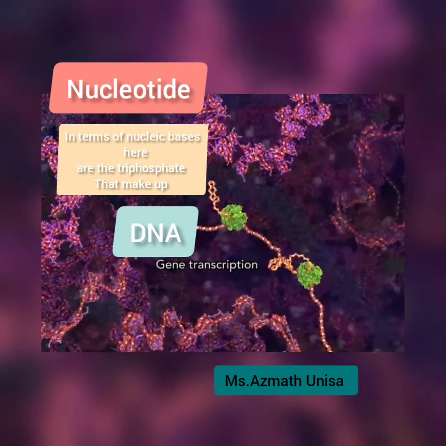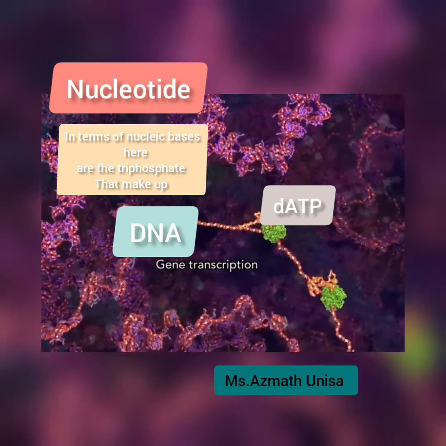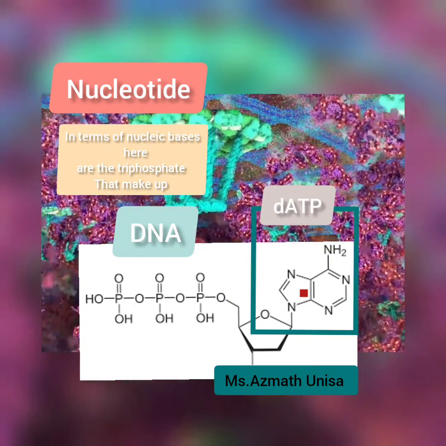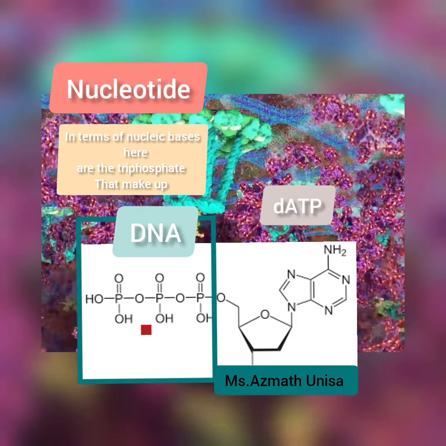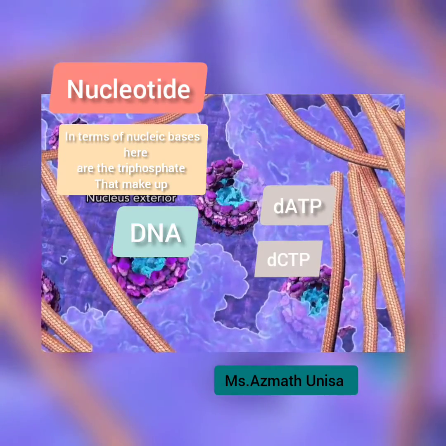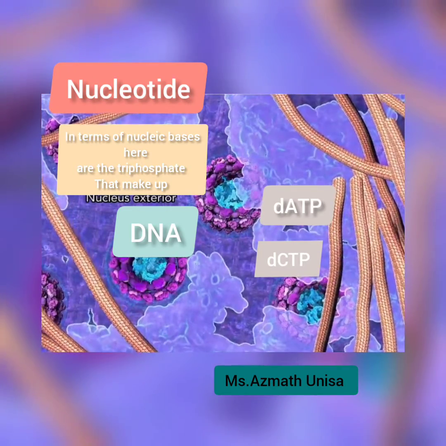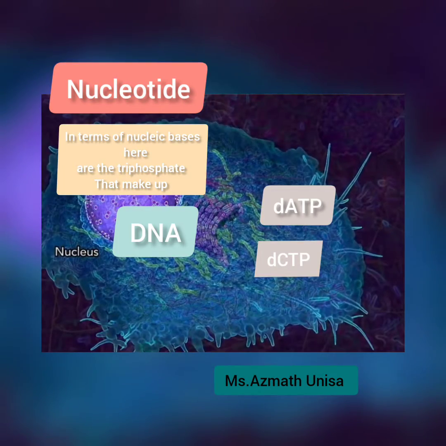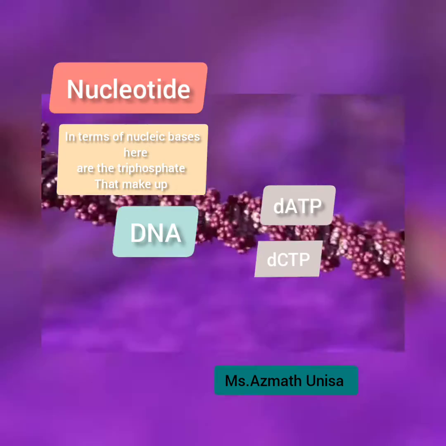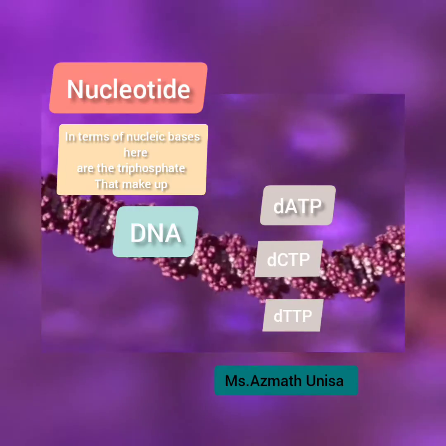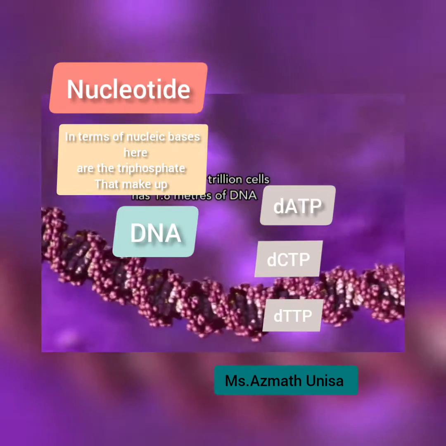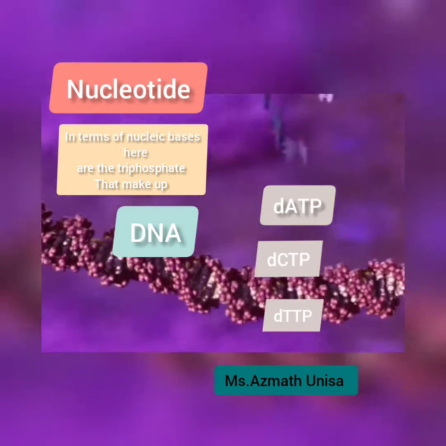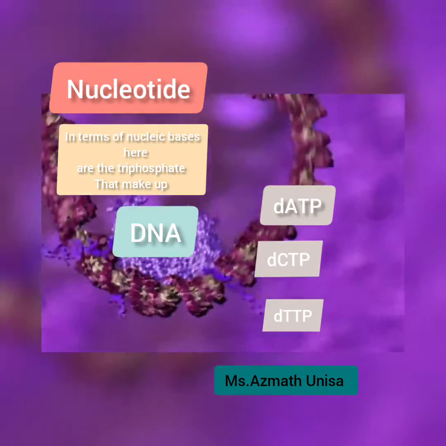This is dATP, deoxyadenosine triphosphate, a nucleotide that is made up of deoxyribose sugar, an adenine base and 3 phosphate groups. dCTP, deoxycytidine triphosphate, is a nucleotide that is made up of deoxyribose sugar, a cytosine base, and 3 phosphate groups. Whereas dTTP is deoxythymidine triphosphate, a nucleotide that is made up of deoxyribose sugar, a thymine base and 3 phosphate groups.